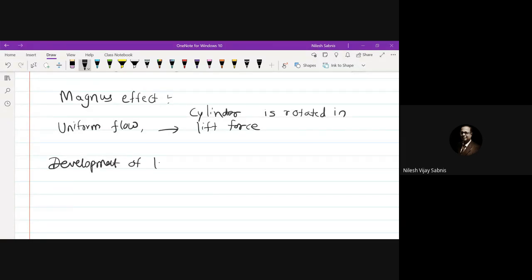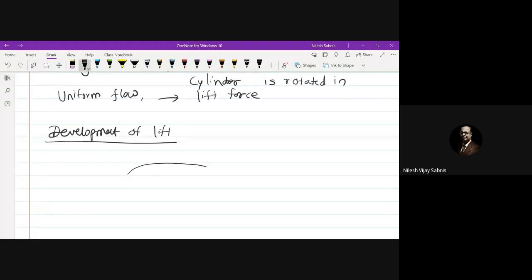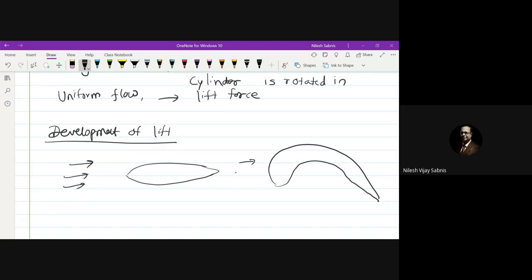Development of lift. It is a simple concept. There are two shapes. There is one shape of aerofoil, and there is another, some weird shape of aerofoil. Here it is a symmetrical one, and the other is not symmetrical. Both are placed in the uniform flow.